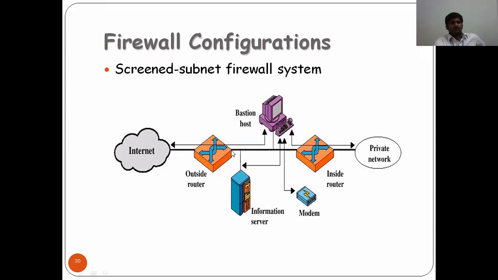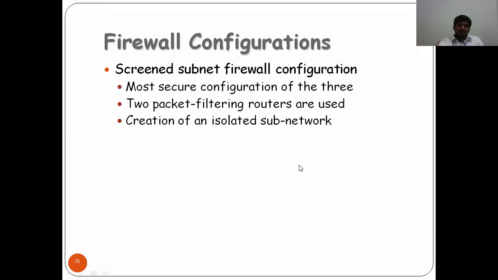Then we have one bastion host, then some information security. Then some inside router we are making. This router is going to access some private networks, and through this router we may access some other systems in the network. That is the screened subnet firewall system.